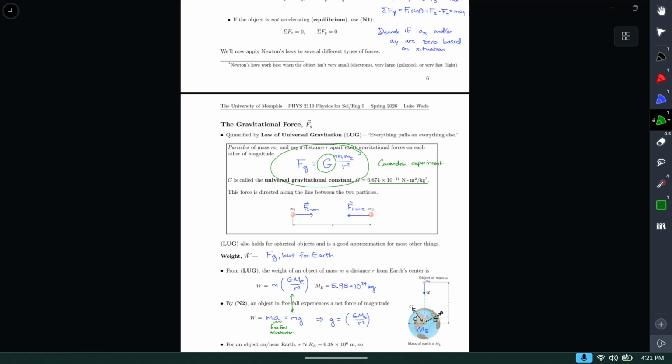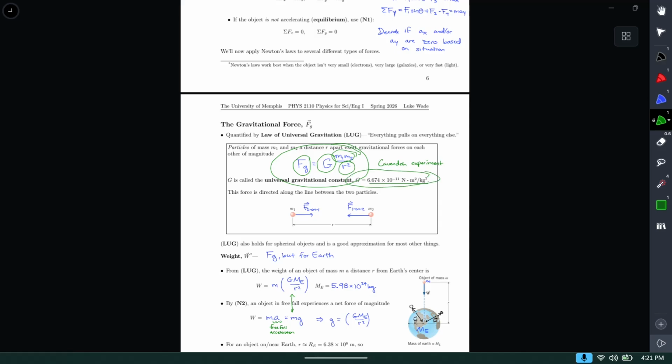With a technicality that they have to be point masses, concentrated masses, but if those 2 things can be treated like that, of just a little clump of mass, or a big one if it's spherical, as long as the 2 things can be treated like that, this law will tell you what the force of gravity is between them. Big G is the sort of conversion factor that takes you from measuring the masses of the 2 things and the distance between them to knowing what the force between them is. And it does have a specific value.